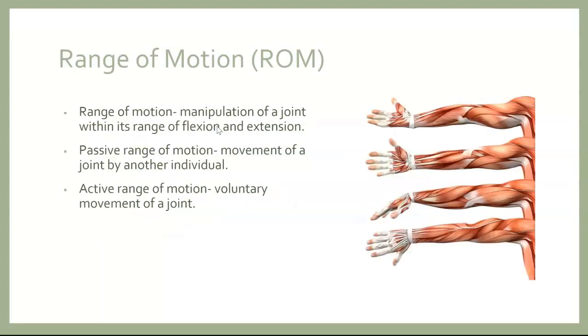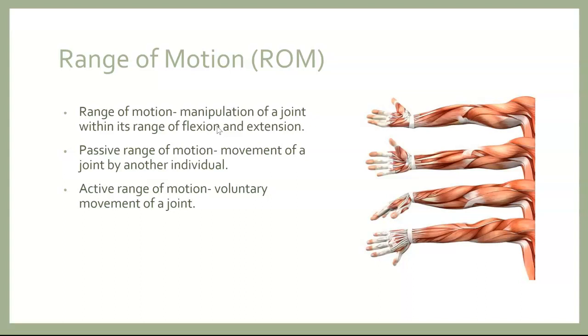And then range of motion. You can have passive or active range of motion. This is just moving the joint within its range of flexion and extension. So passive range of motion is when someone else is doing the movement.